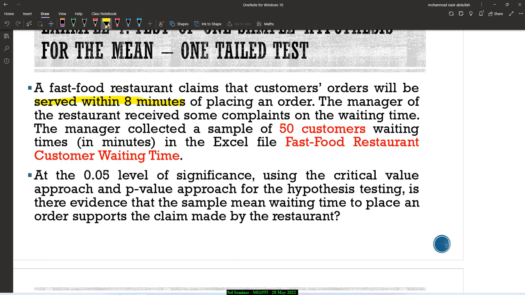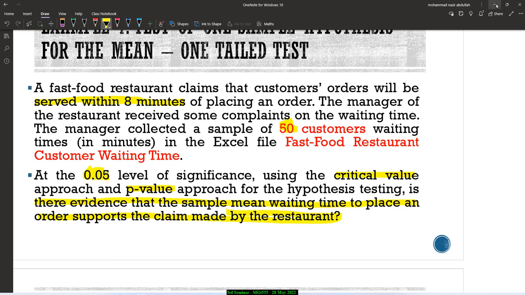They claim that the food will be served within 8 minutes. So the manager restaurant received some complaint of the waiting time. The manager collects sample of 50 customers waiting time in Excel, yang kita akan tengok nanti. So at 5% level of significance, maksudnya 0.05 alpha, using the critical value approach and p-value approach for hypothesis testing, is there evidence that the sample mean waiting time to place an order support the claim made by the restaurants?